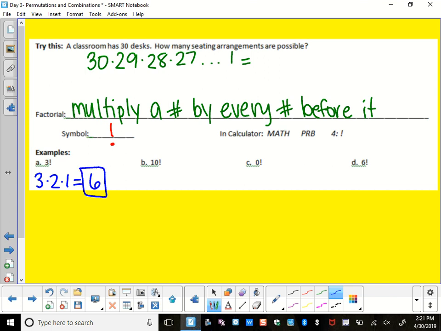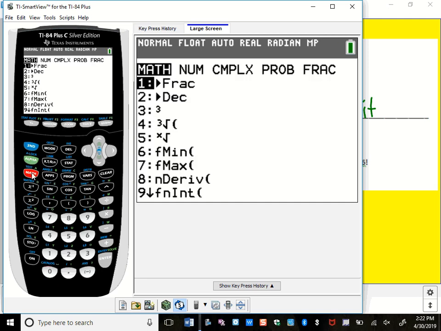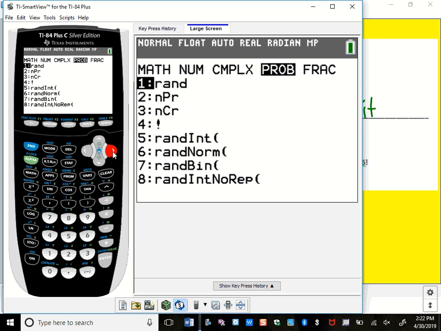I want you guys to do the rest. I'll show you, because I don't want you to have to do 10 times 9 times 8, on to number 1. Grab your calculator and copy what I do. Jeff, are you with me? For 10 factorial, we're going to type in the number 10. Hey, Jeremy. Type in the number 10, hit math, go over to PRB.